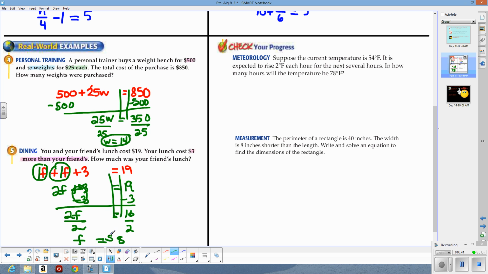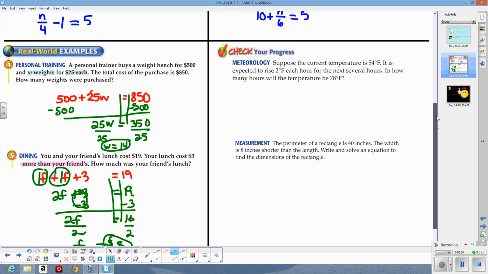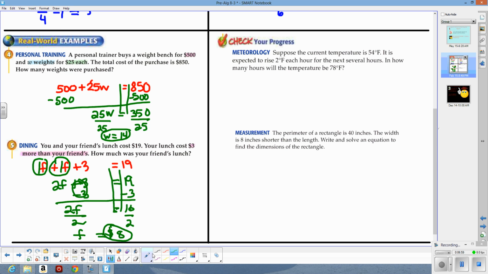We can go back and see if that makes any sense. If your lunch was $3 more than your friend's, that means your lunch was going to be 11. And then if you add 8 plus 11 together, you get 19. So it checks out. You may want to pause the video and try the last two examples on your own.